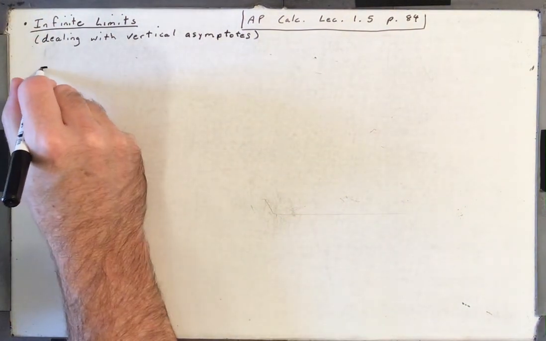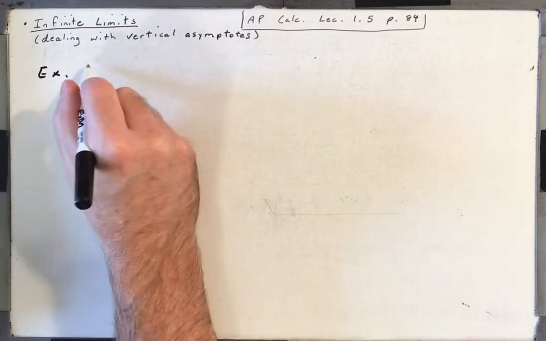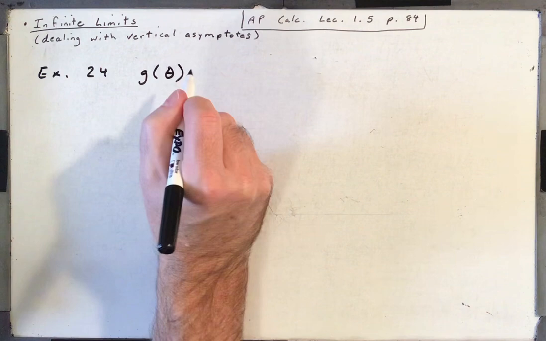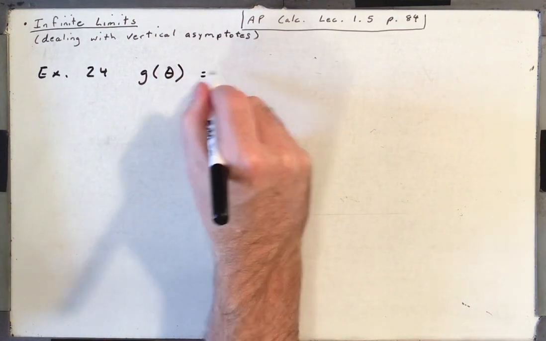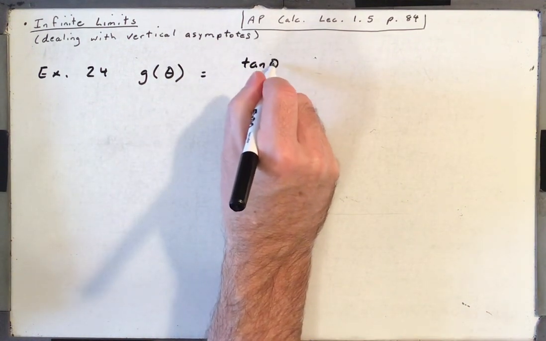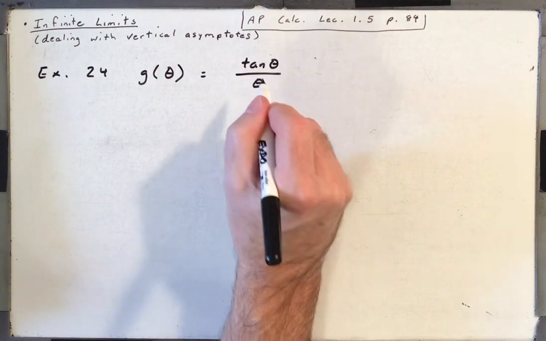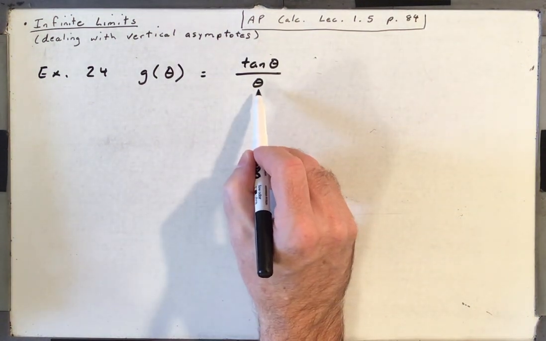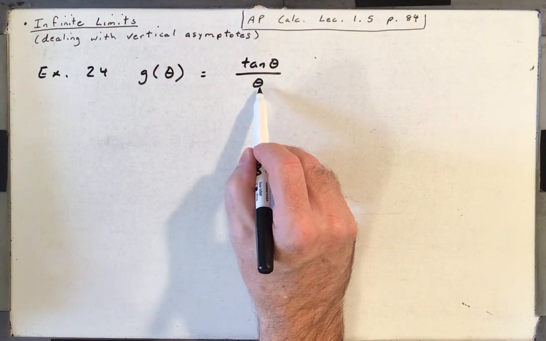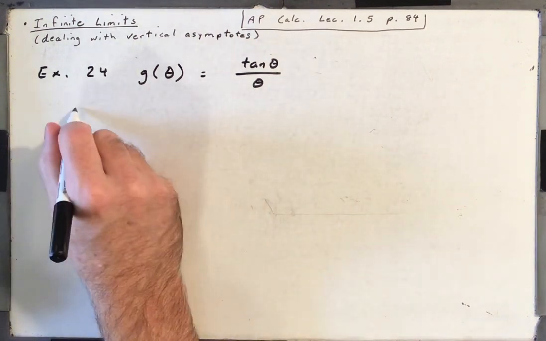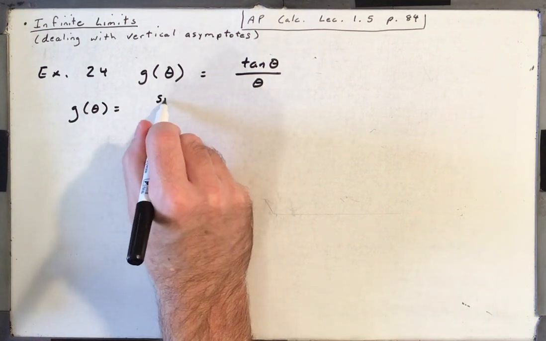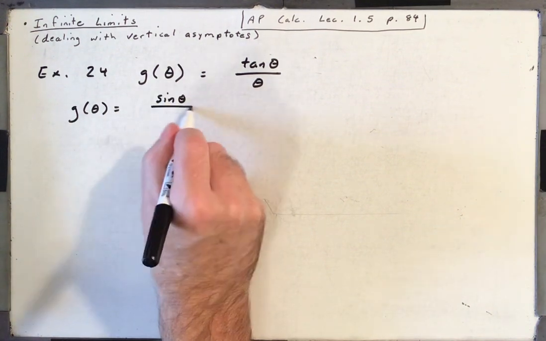Let's look at 24. So still doing the same thing. G of theta is equal to tangent theta over theta. Well, you're going to have a vertical asymptote at theta. Let's change this into sines and cosines. So G of theta is equal to sine theta over cosine theta.